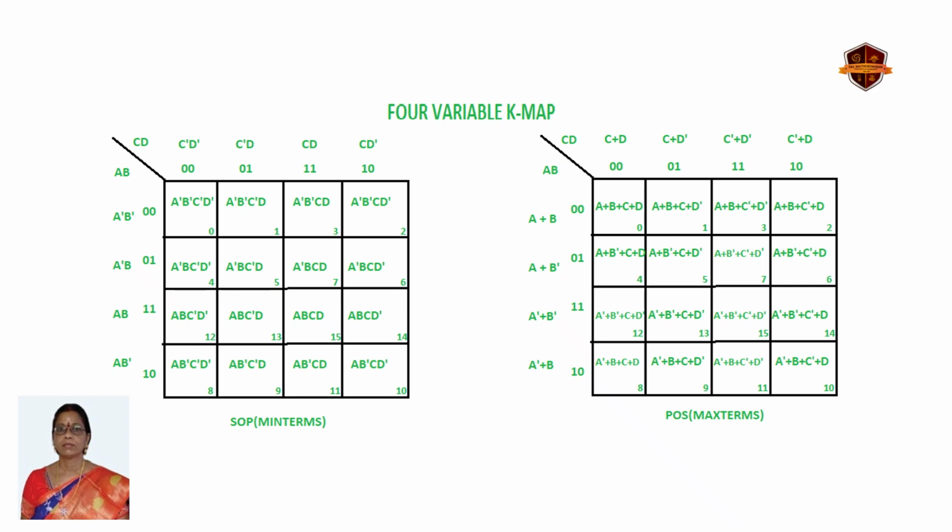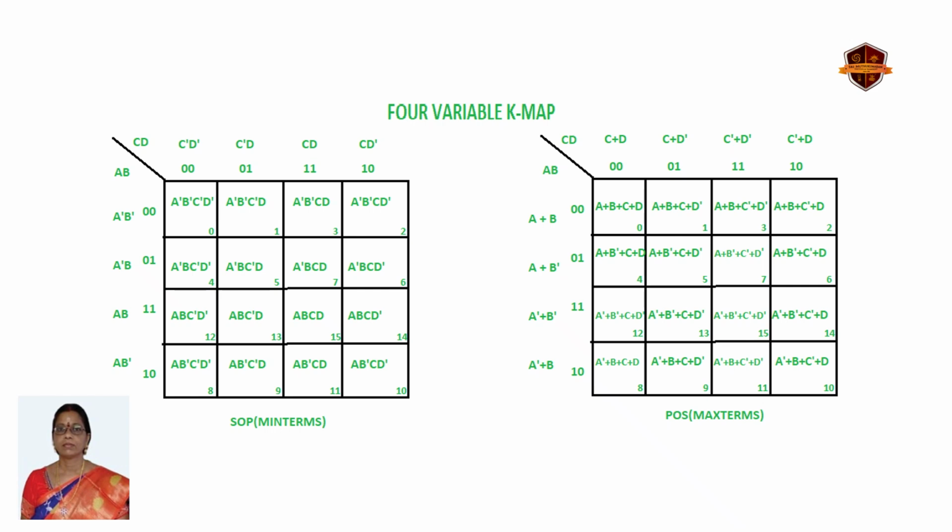If it is 1, 1, it is AB. Similarly, CD corresponds to 0, 0, 0, 1, 1, 1, 1, 0. So it is C bar D bar, C bar D, CD, CD bar. So they range from M0, M1, M2, M3. For example, if it is M4, it is A bar B C bar D bar. Similarly, if you take M15, it corresponds to A, B, C, D.